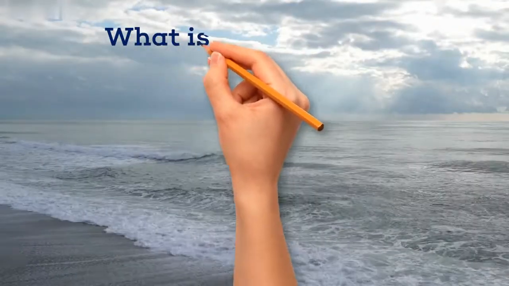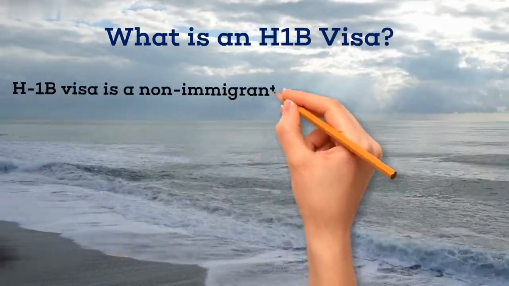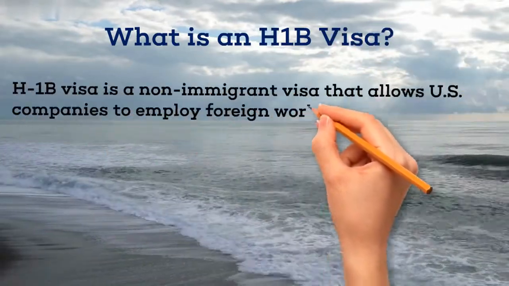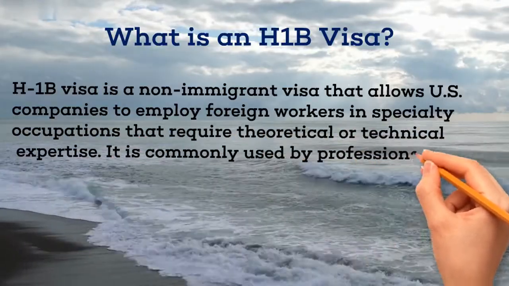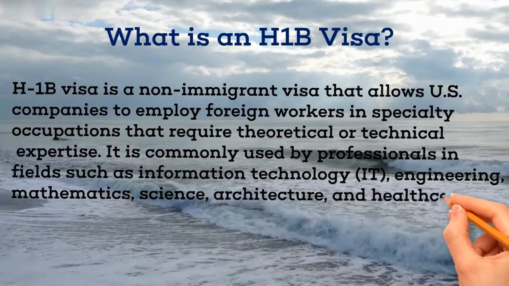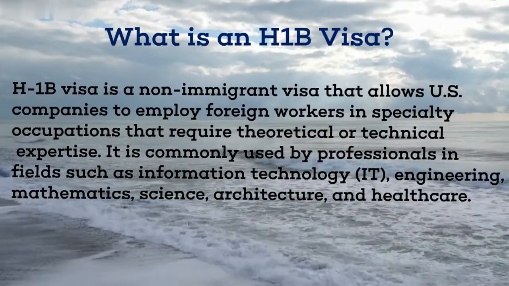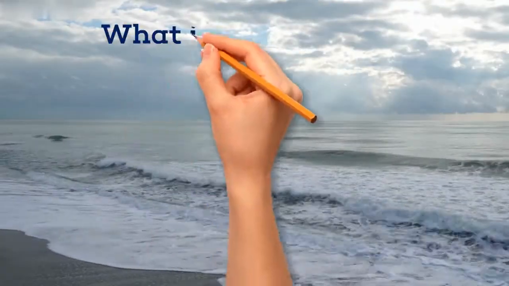Next is, what is an H1B visa? The H1B visa is a non-immigrant visa that allows US companies to hire foreign workers in specialty occupations like IT, engineering, mathematics, science, architecture and healthcare. What is the H4 EAD visa?